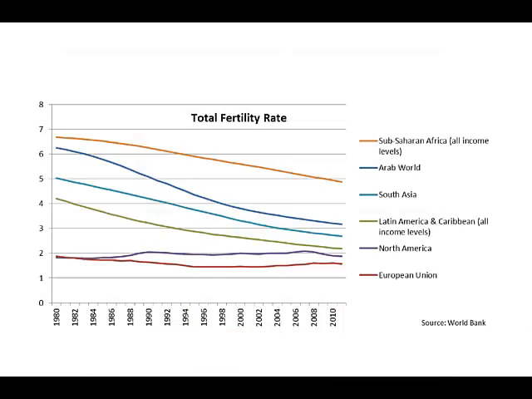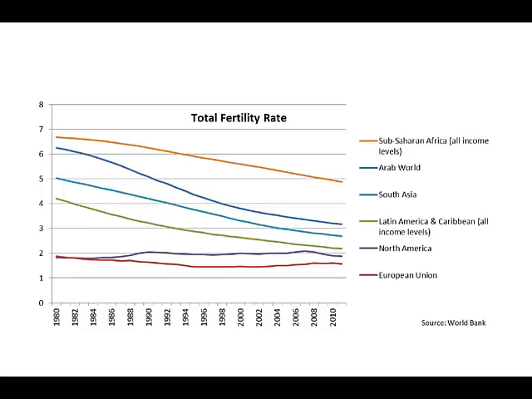Furthermore, this has played out very, very well historically in terms of real populations. Here's some aggregate data from a lot of major regions of the world, and you'll see that in all regions, the total fertility rate, that is the number of children born to each woman on average, has fallen.